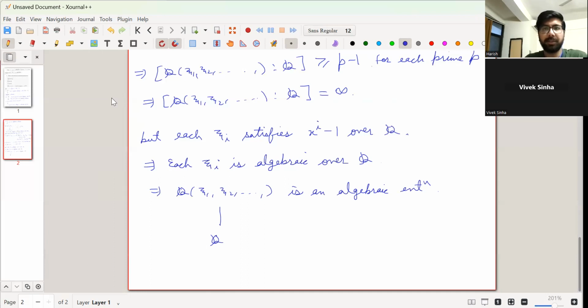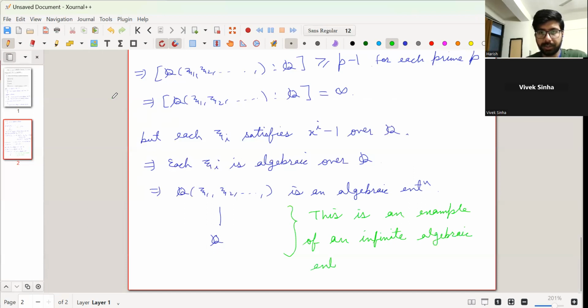So that's the example I was talking about. This is an example of a finite and infinite algebraic extension.